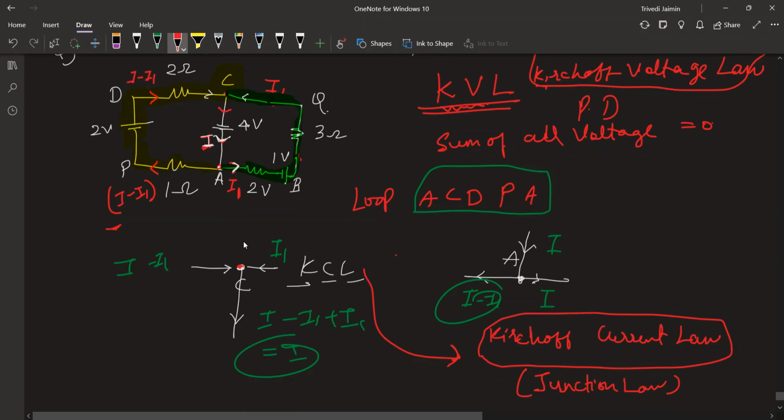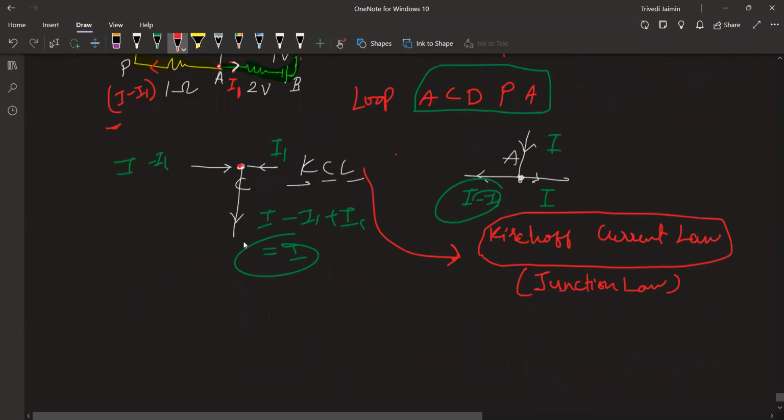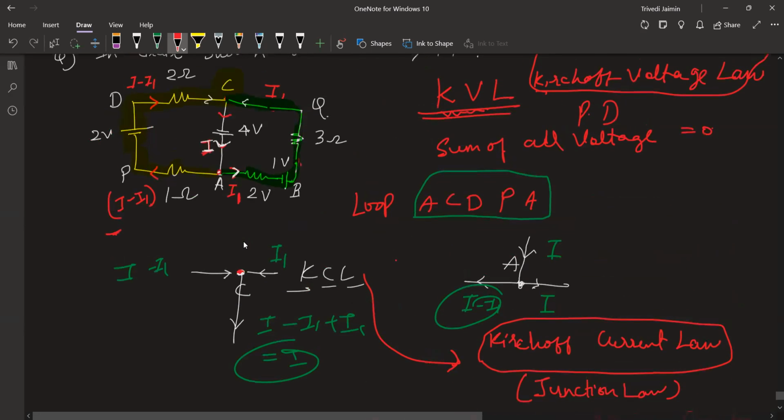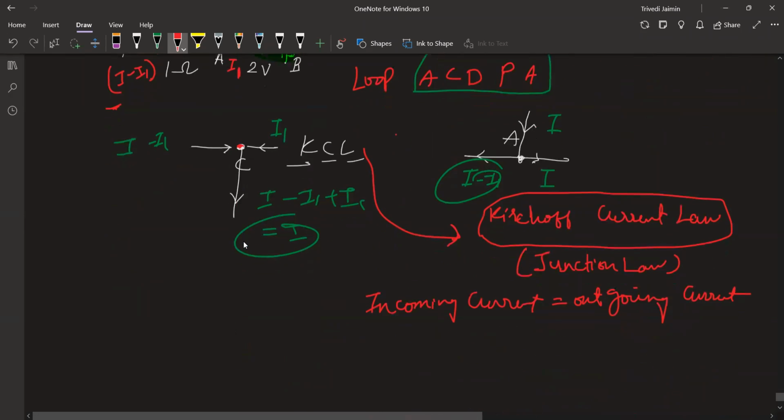Current is adding means, in another way we can write, incoming current equals outgoing current. Understood both KVL and KCL? That was summation of all voltages. Here summation of current is equal to 0.